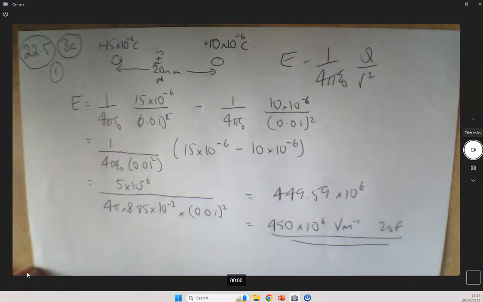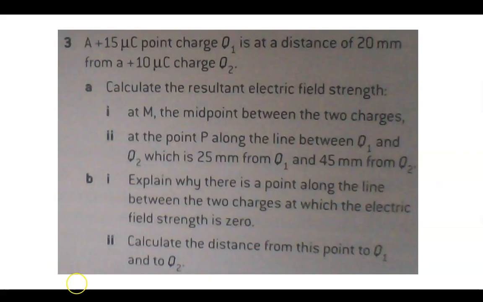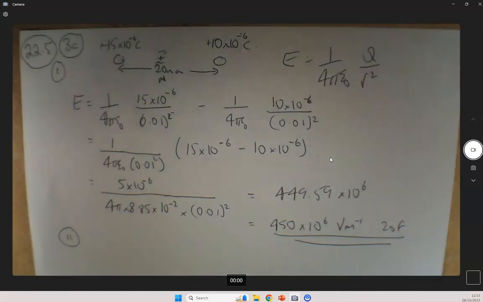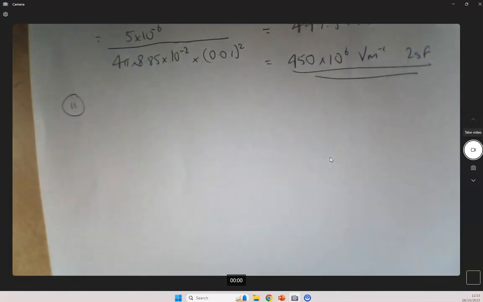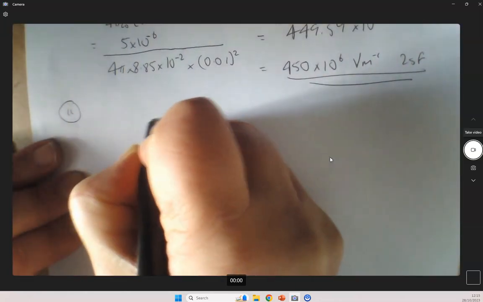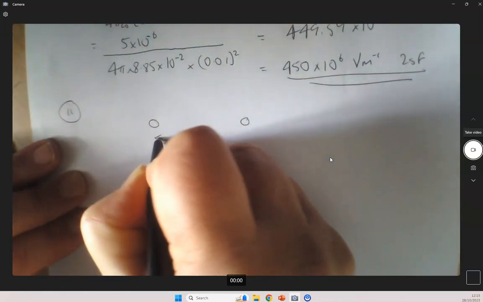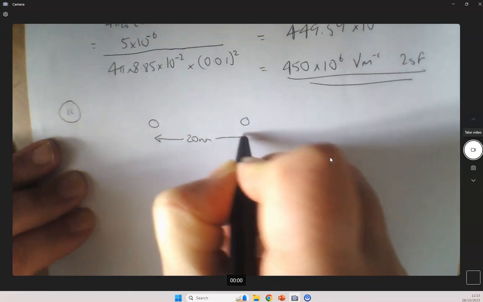Alright, so part 2 then. If I jump back to the question, in part 2 we've got the same charges. Now at the point P, along the line between Q1 and Q2, which is 25 millimeters from Q1 and 45 millimeters from Q2. So the first thing I'm going to have to do is draw that out and figure out what is going on. Once again, I've got 2 point charges, point charge 1 and point charge 2, and I know these are 20 millimeters apart.